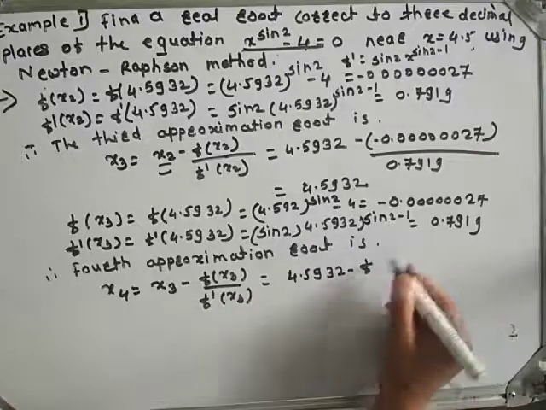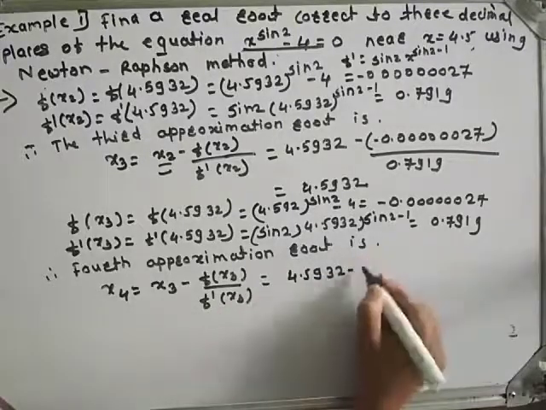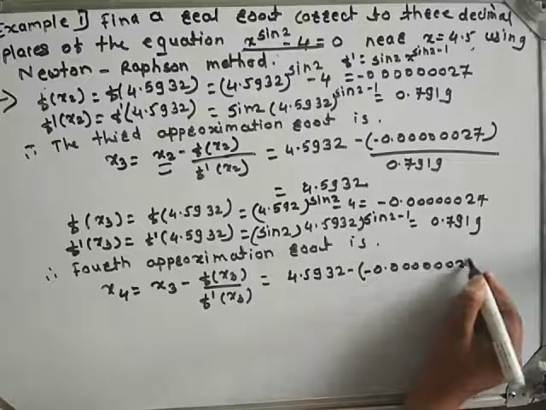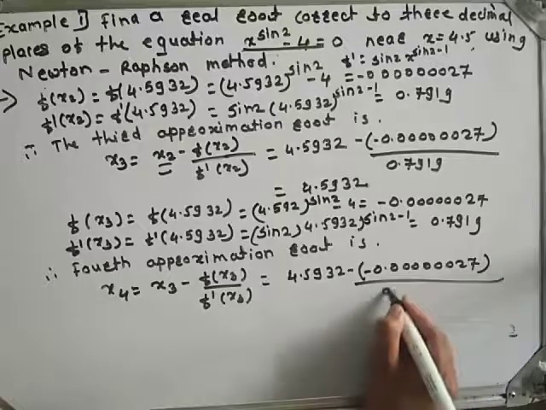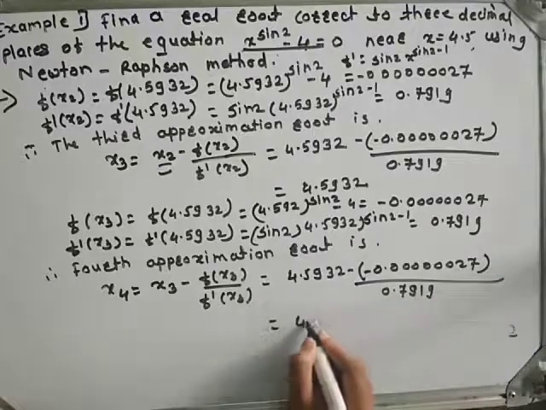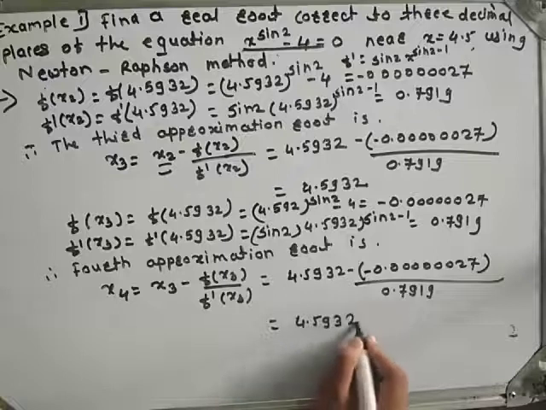F of x3 is minus 0.000027 upon 0.7919, which is equals to 4.5932.